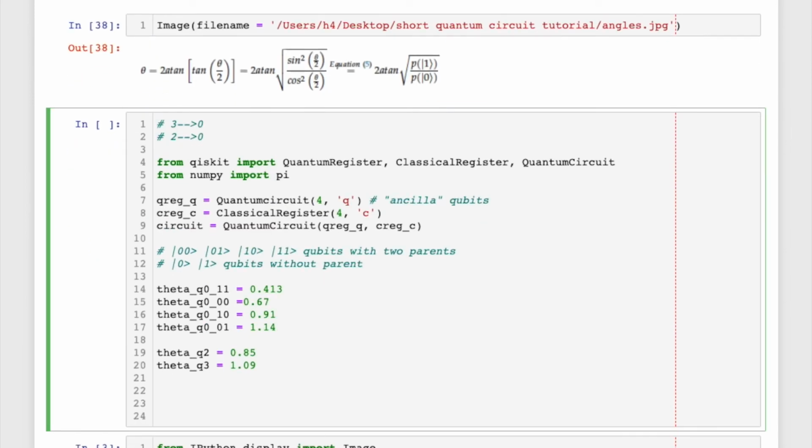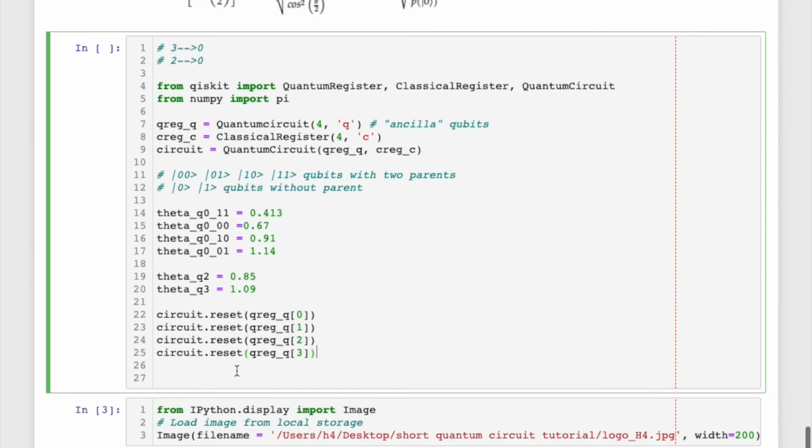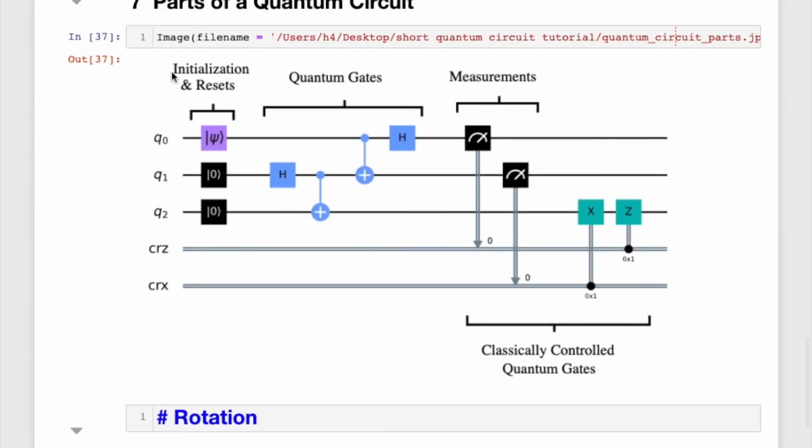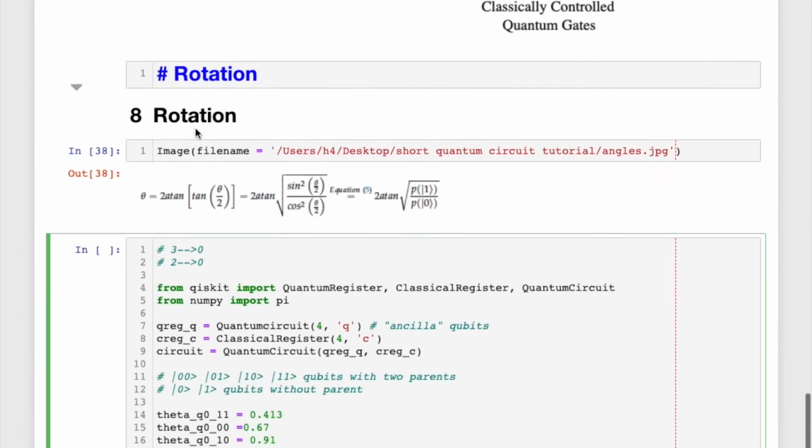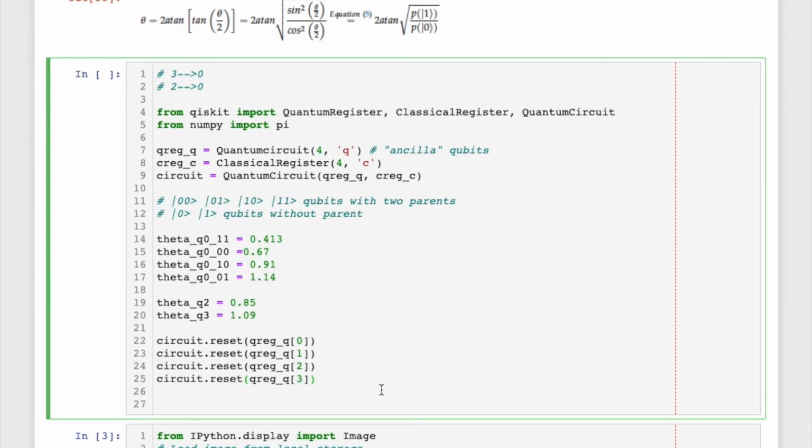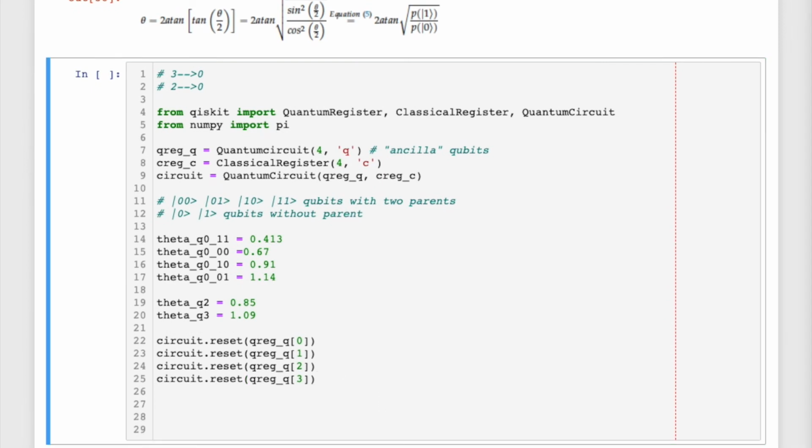So the first thing we do is reset our qubits. This is basically the first part in our universal diagram: we have an initialization and reset. After that, we perform some rotations.